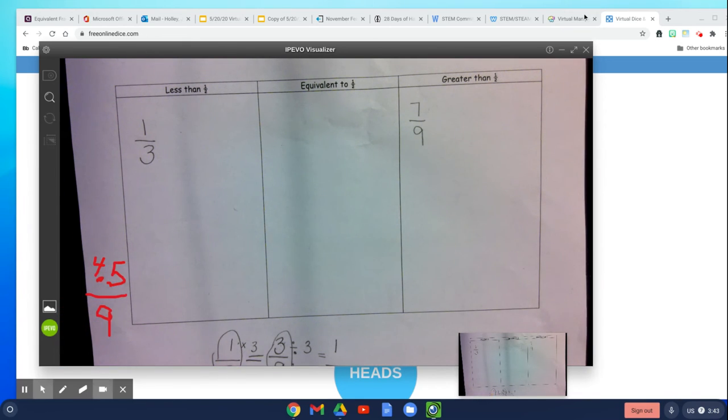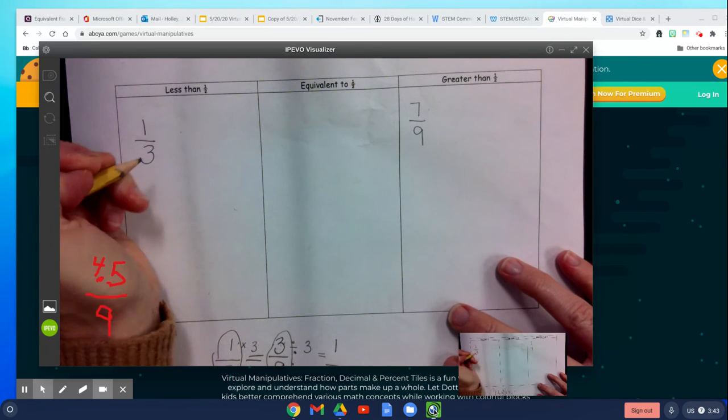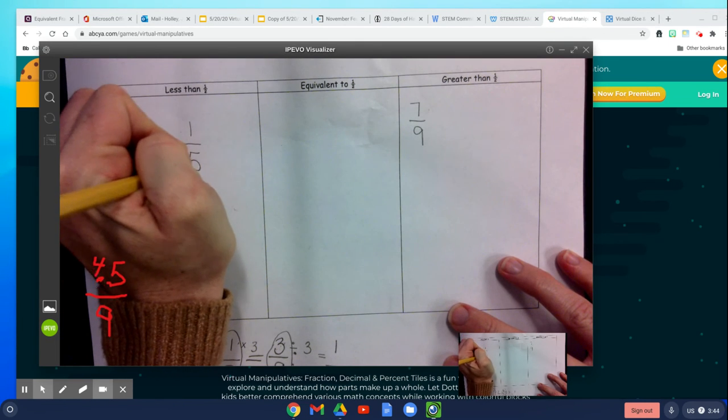Say I am not sure if 1/5 is less than, equal to, or greater than 1/2. So I'm going to go right here. So I have my 1/5. And I have my half. Well, obviously, remember, the larger the denominator, the smaller the piece. So 1/5 is less than 1/2. So I would go to my paper and I would write 1/5.